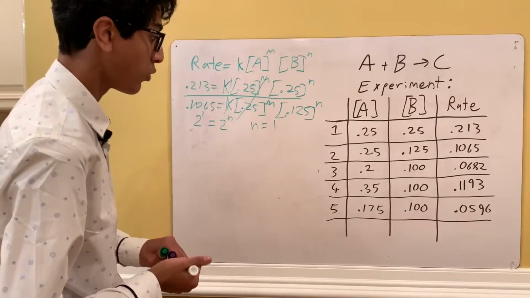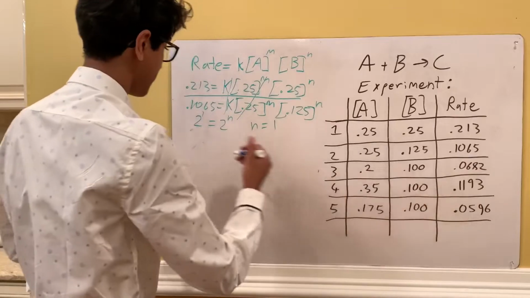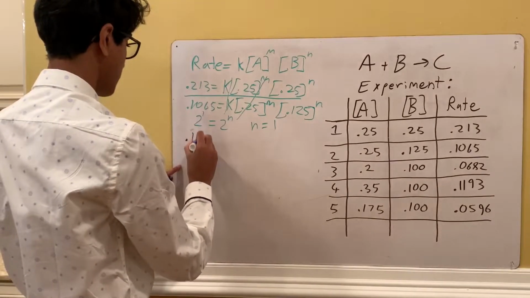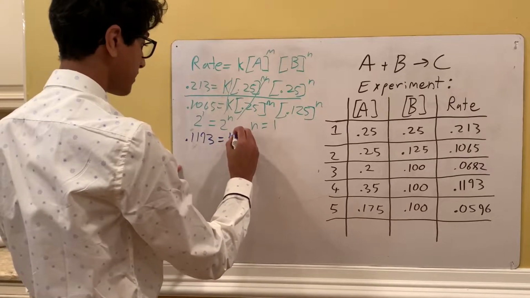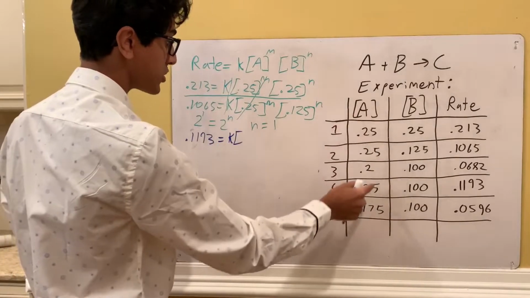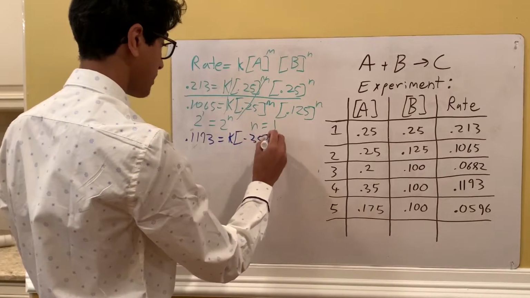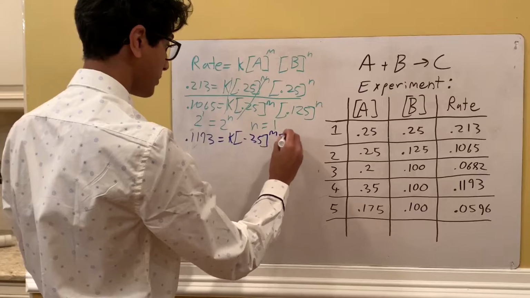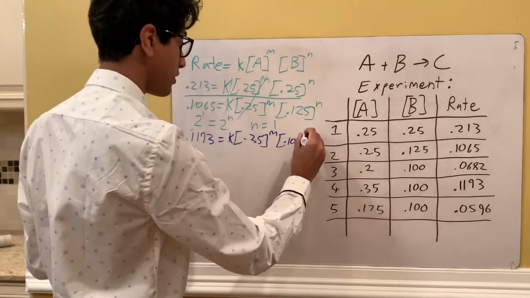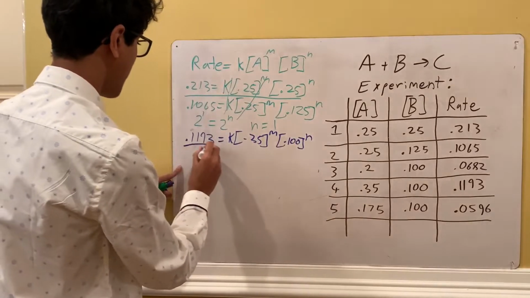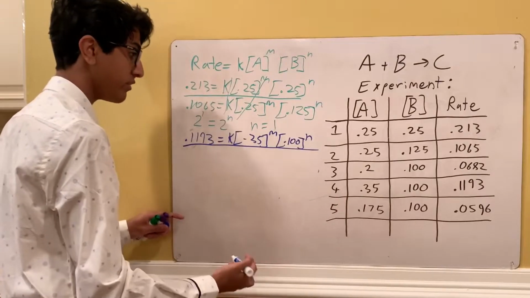So let's divide trial 4 by trial 5. The rate of trial 4 is 0.1193, which is equal to K, the rate constant, multiplied by the concentration of A, 0.35, to the M, multiplied by the concentration of B, 0.100, to the N. We divide this whole thing by the equation for trial 5.